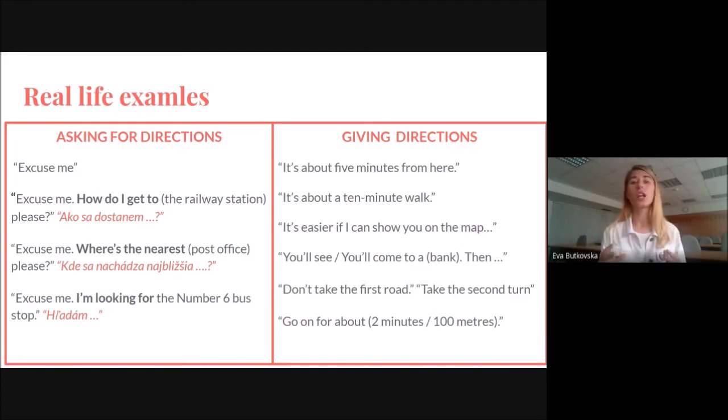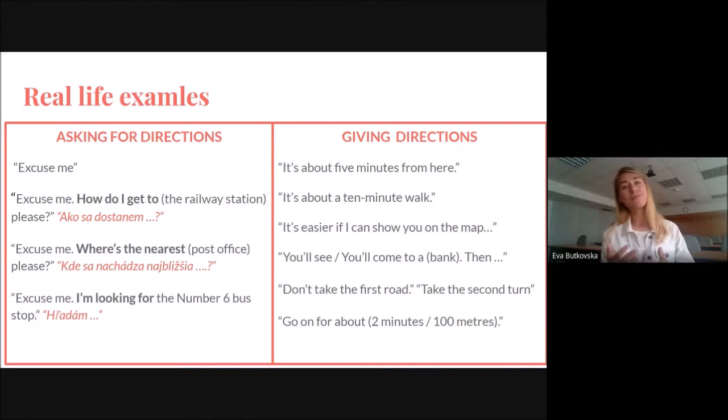And the third and last question I want you to remember is, excuse me, I'm looking for the number 6 bus, or I'm looking for the tourist center, I'm looking for the main street, etc. This is not a question, but you are asking for directions. So remember these three simple ways to ask: how do I get to, where is the nearest, and I'm looking for. Always remember, start with excuse me and end with please.